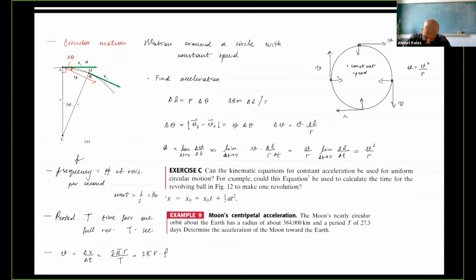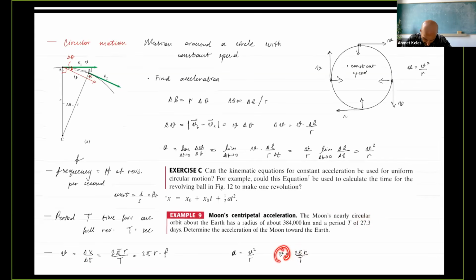And there is another exercise. The moon's nearly circular orbit around the Earth has a radius of about this, in a period of 27 days. Determine the acceleration of the moon toward the Earth. Maybe I can quickly go through this. So a is equal to v squared over R. We need to determine v, and I already wrote an expression for v. v is equal to 2 pi times R divided by T. Then you have 2 pi, you have the radius, you have the time, 27 days.